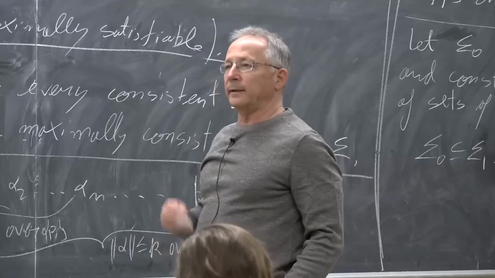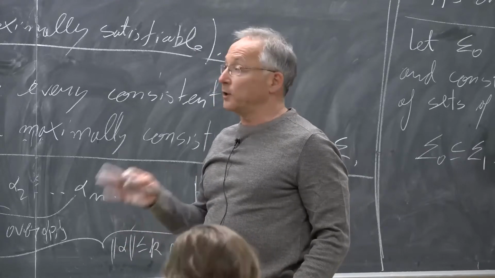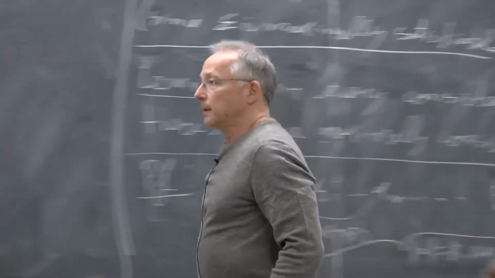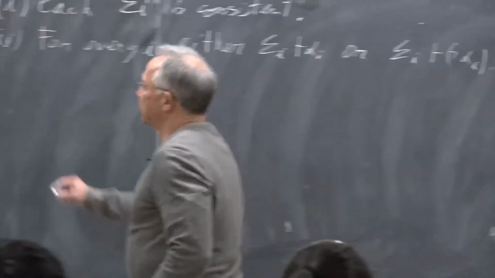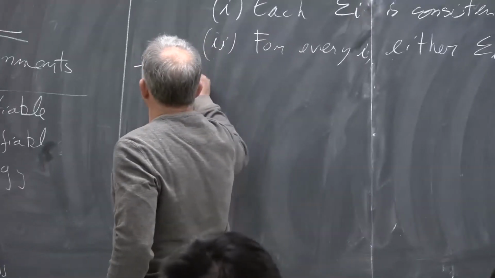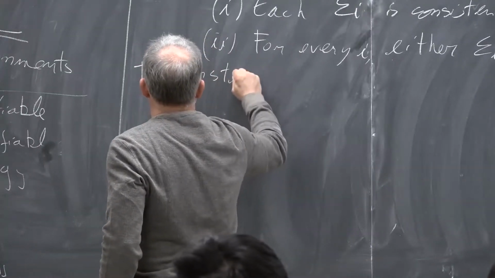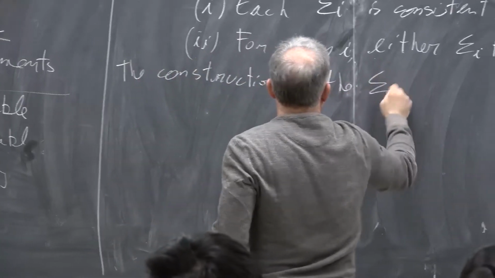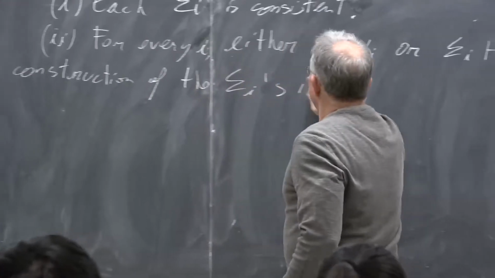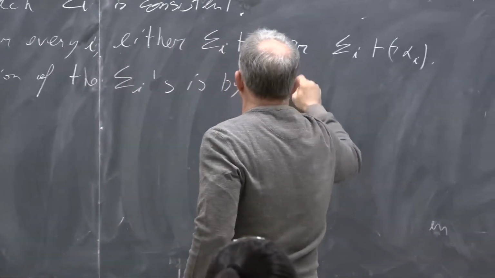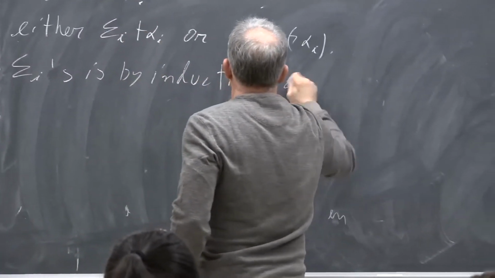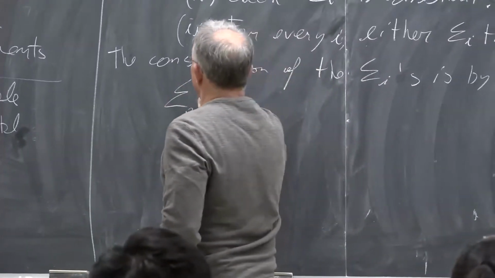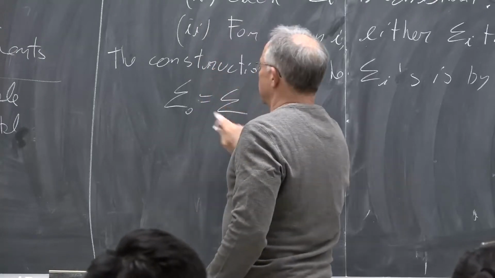So we will do it by induction, but not by generalized induction, just by induction on I. So the construction of the sigma I's is by induction on I. We said sigma 0 is going to be the sigma that we started with.